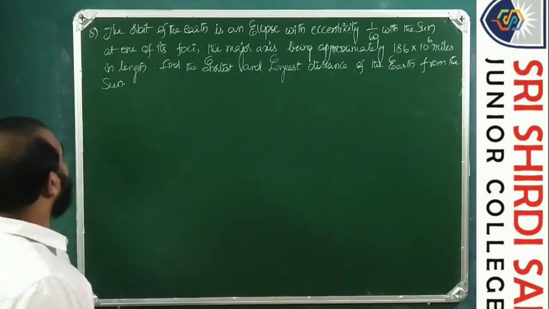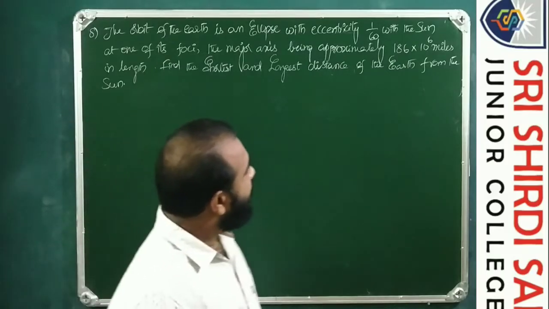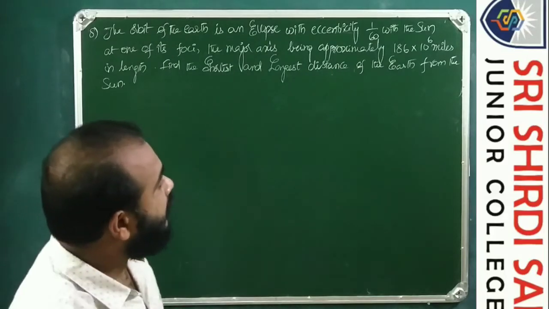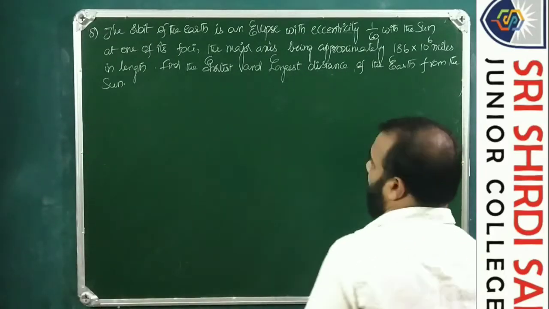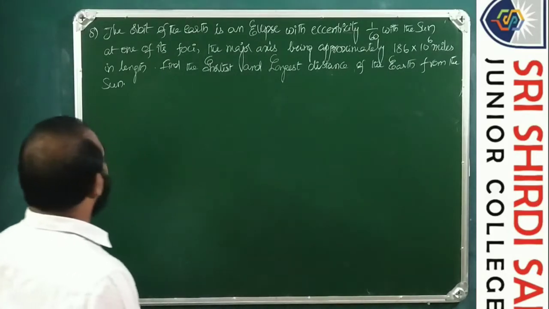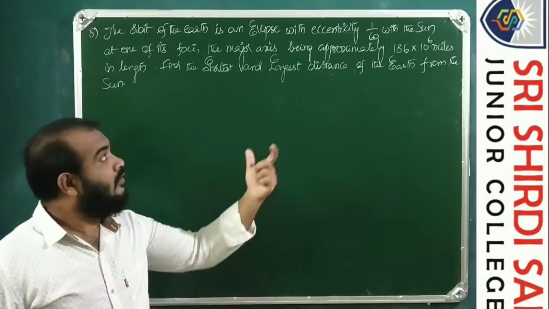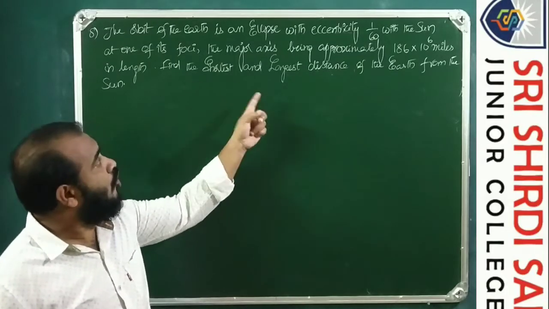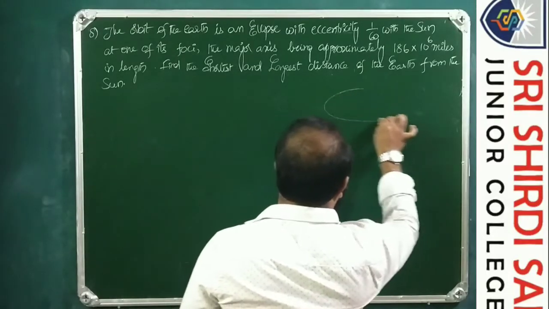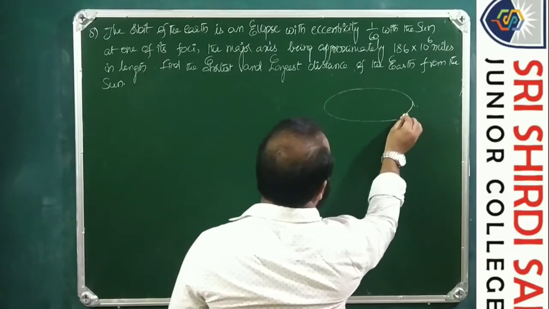The orbit of the earth is an ellipse with the eccentricity 1 by 60, with the sun at one of its foci, the major axis being approximately 186 into 10 power 6 miles in length. Find the shortest and longest distance of the earth from the sun. We know that the path of the orbit of the earth is an ellipse. So let us suppose that this is the orbit of the earth.